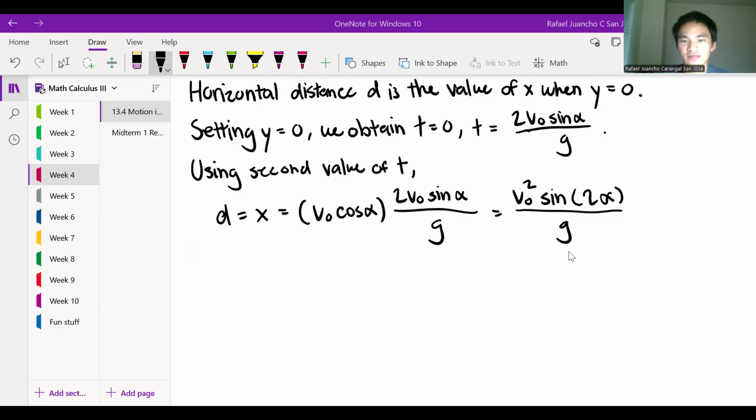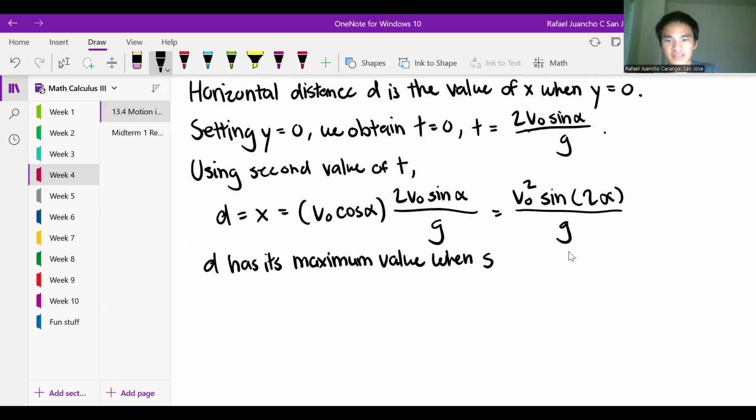Well, here we can clearly see that d has its maximum value when my sine of 2 alpha is equal to 1.